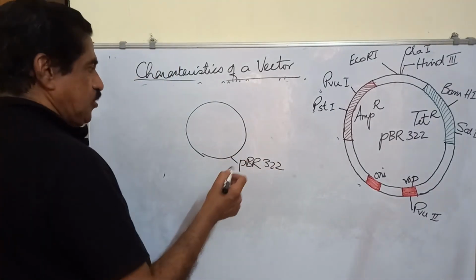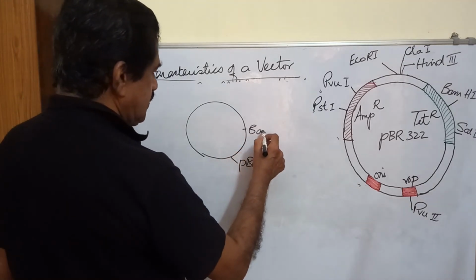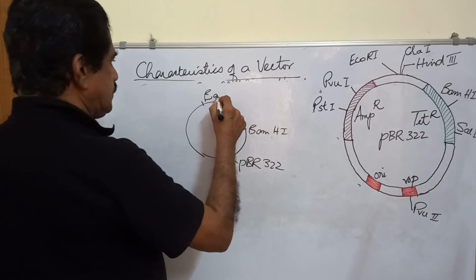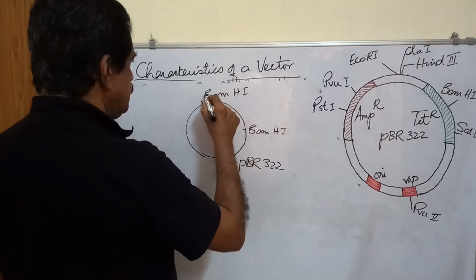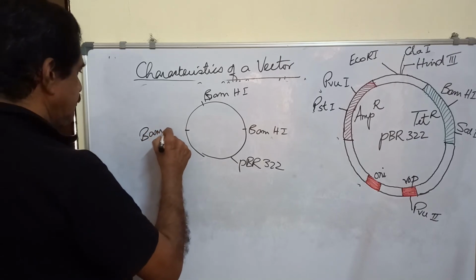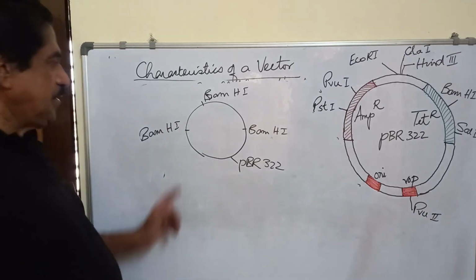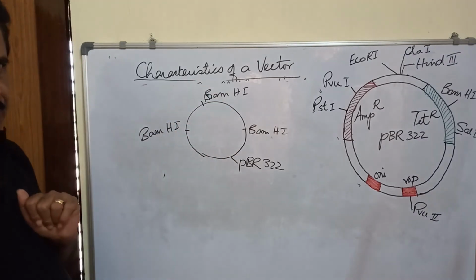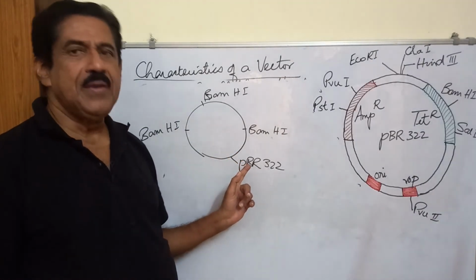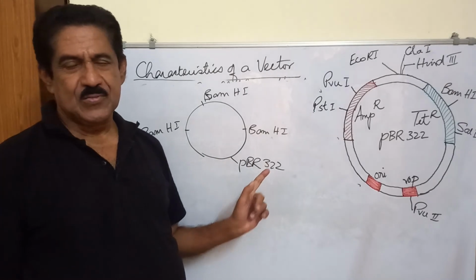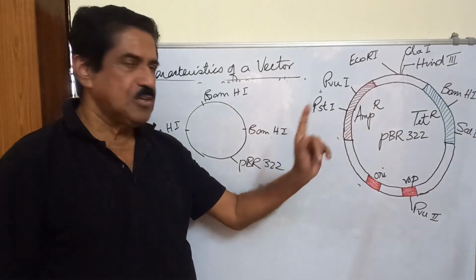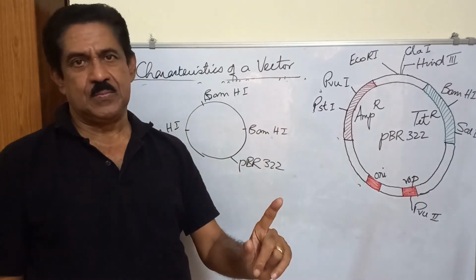Let us imagine a situation in which there is a site for BamHI here, another site here, and another site here. Let us imagine there are three sites in it. What will happen? This will be cut into many pieces. So, in order to avoid that, one enzyme should have only one site.